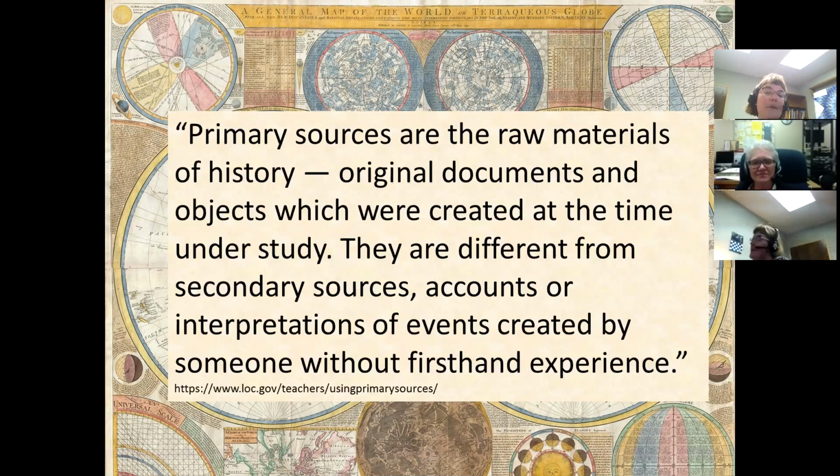What I really like about the concept of primary sources and secondary sources is when you start actually looking into them, you have something that may be a secondary source, such as a textbook. If you are looking at the time period when that textbook was written, that textbook as a secondary source may be a primary source. And so there's a lot of different ways you can interpret what's a primary source and what's a secondary source. So that's kind of exciting.